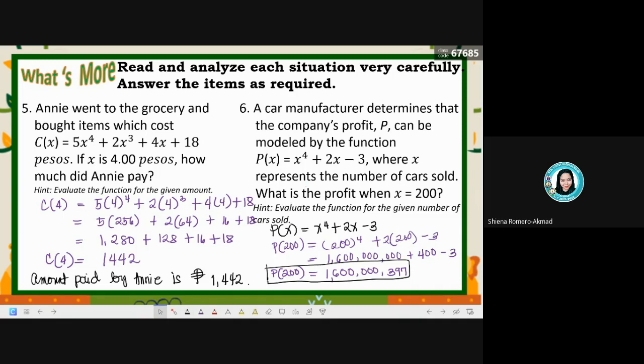So tingnan ko lang kung meron pang ibang example. So wala, yan na yung huling example natin.